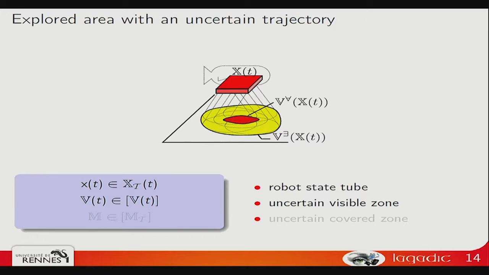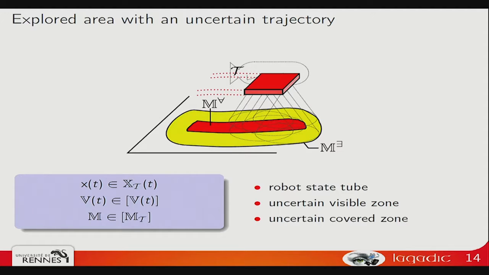So basically it's a set interval that contains the visible zone at a given time. And the covered zone is the same, it's an uncertain set in this case. So we have a set interval that bounds the actual zone that has been covered during the mission.